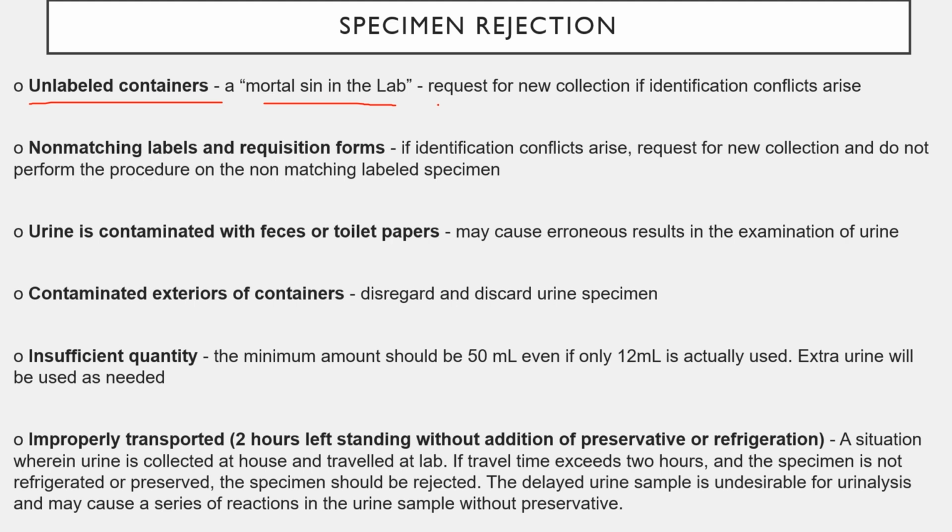And if there is an unlabeled specimen or container, request a new collection if identification conflict arises. Or you could ask, class, the nurse or the patient or whoever brought the sample to write their name or the label on it. But if not, have a new collection, repeat collection.